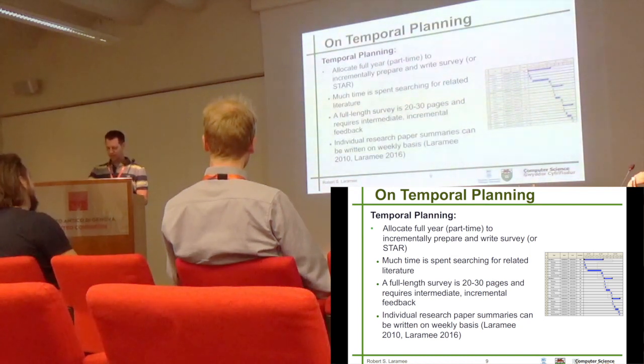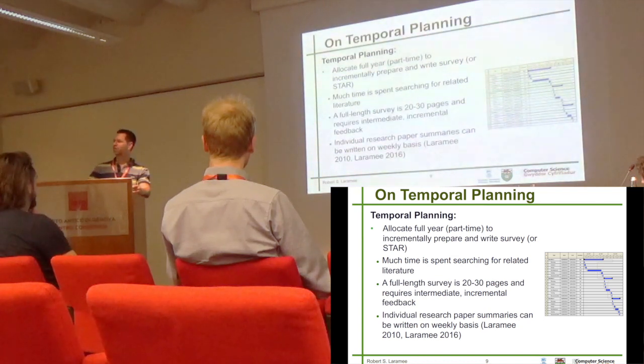Now, that topic starts to get very tricky. So, a full-length survey is typically around 20 to 30 pages. And you certainly don't want anyone to write 20 pages and then present it for review to their supervisor. That's not a good idea.